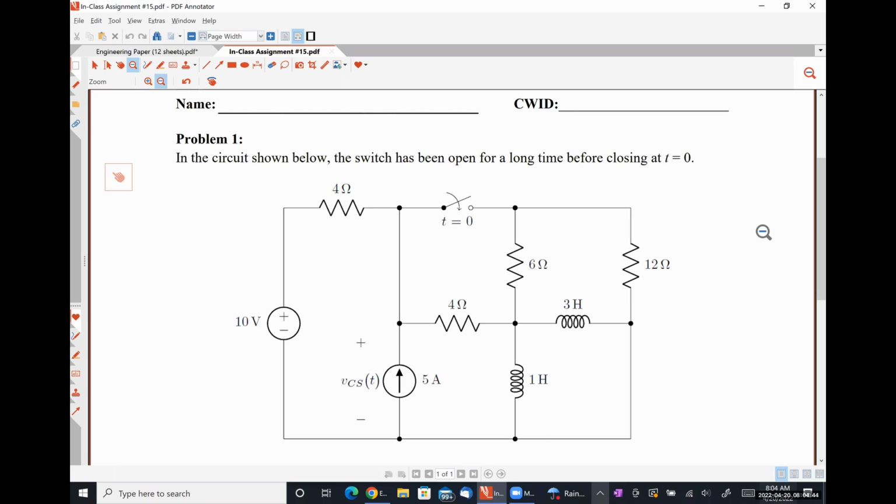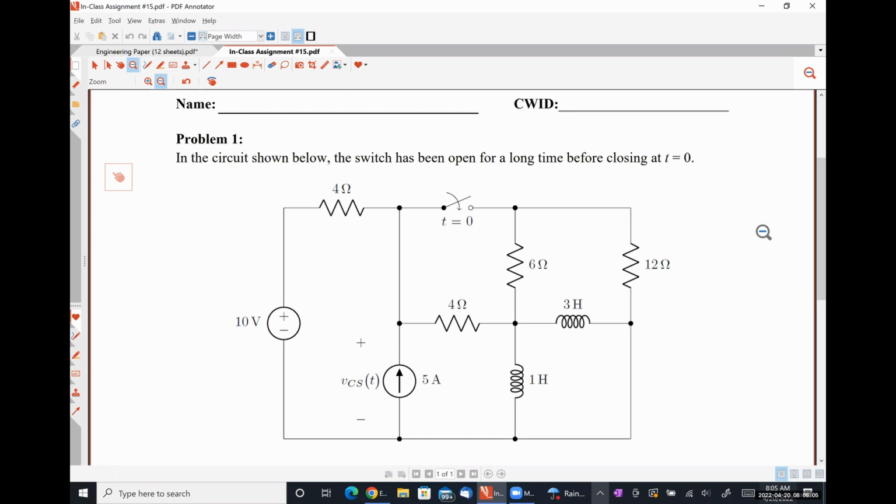Because there are two inductors, we either have to figure out what both of those inductor currents are, which is difficult, or combine those two inductors into a single inductor and then find out what that single equivalent current would be that's flowing through both inductors, which actually makes this problem much easier.